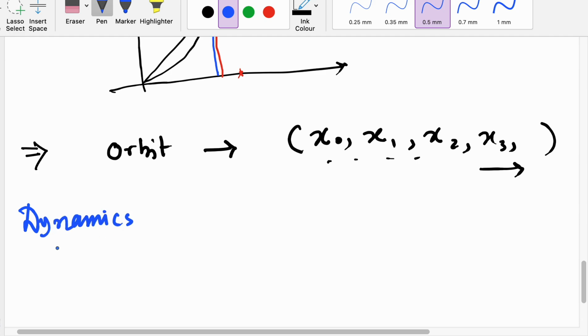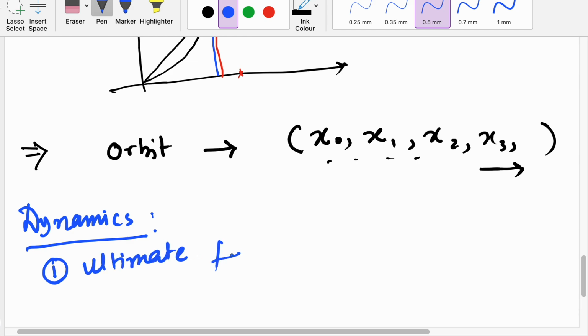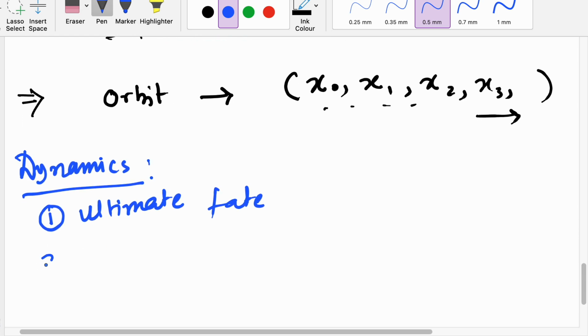We want to study, as time increases, or if I iterate multiple times, or if I see the population through time, whether the population will die out, that means what is the ultimate fate, or whether they will stay where we started. Suppose we started from x0, they will remain close to x0. That is the question of stability, which will come later.